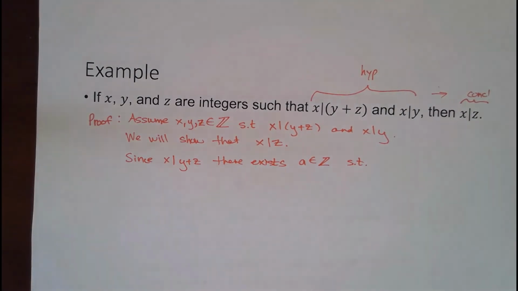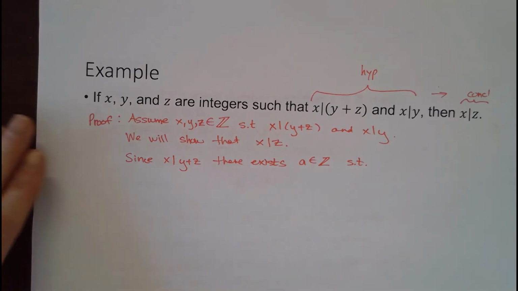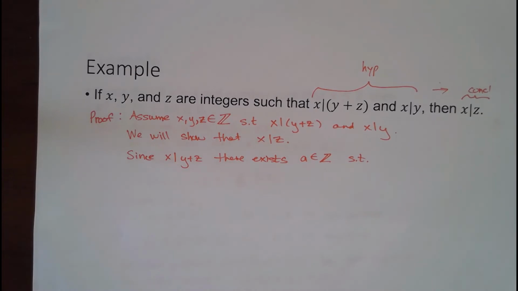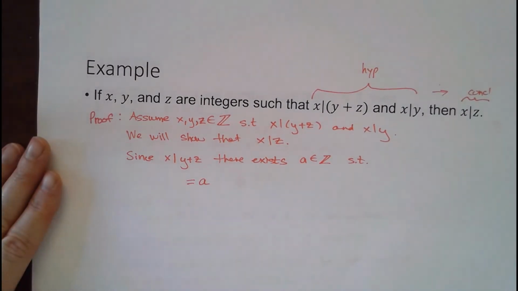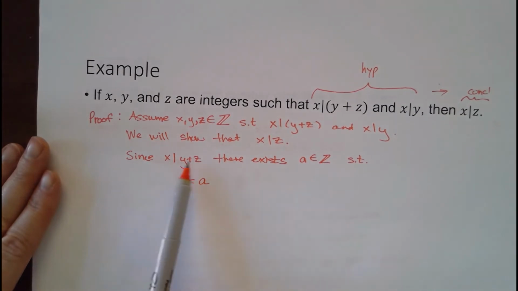What's the definition of divides? There's some sort of value that you multiply what's being divided by where you get what the divisor is. Yes, good. So what am I going to multiply a by? Which one of these? X or by y plus z?